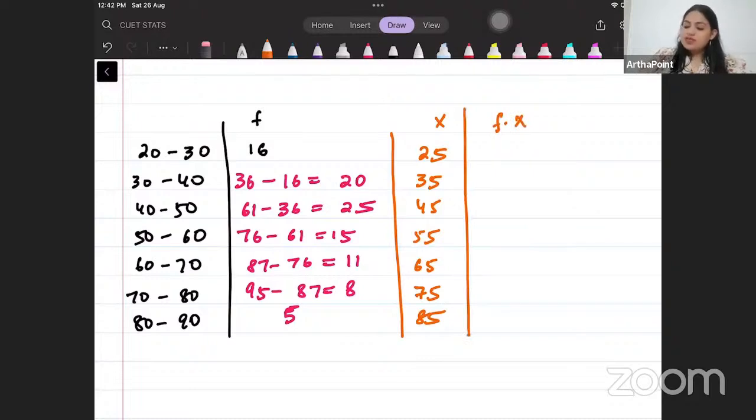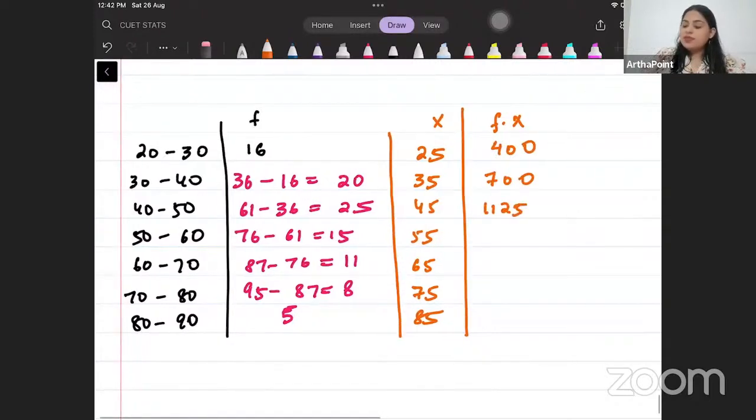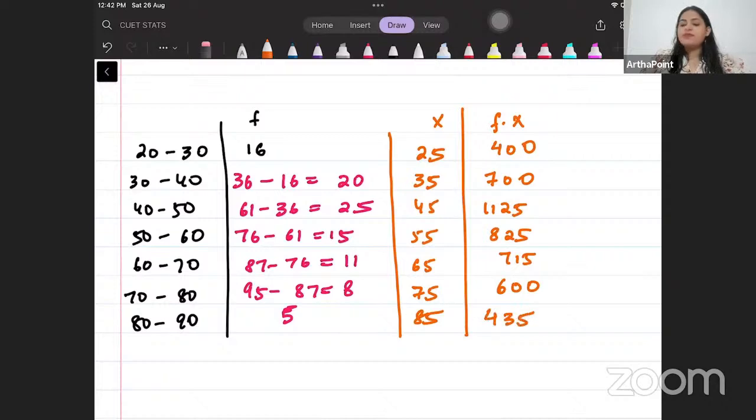So 25 into 16 will be 400. 30 into 20, as we can see, is 700. You can just fill up this entire information. Achha, when you do 85 into 5, na, you will get 435.